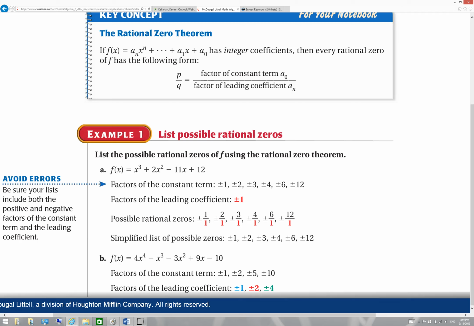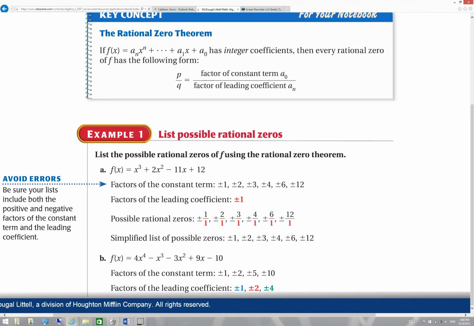Another thing you sometimes do is synthetic division in order to evaluate the function at that value. If I wanted to check whether 1 is a rational zero, I do synthetic division with 1 and come up with the value. So I could go through this list and test them all.